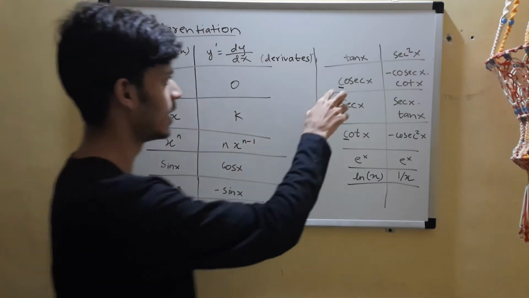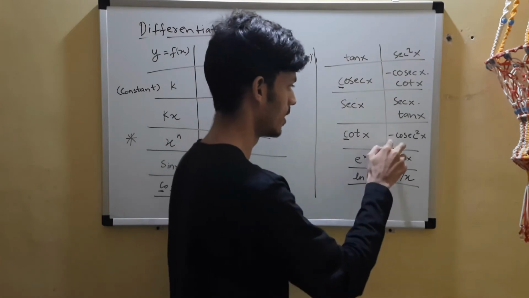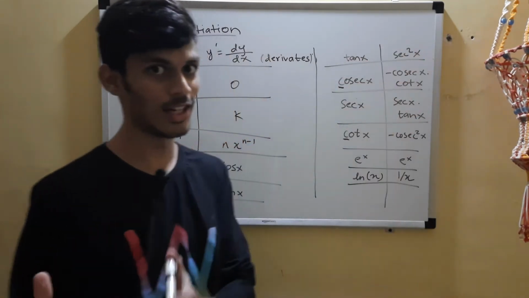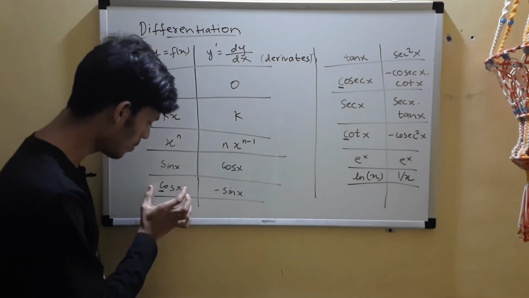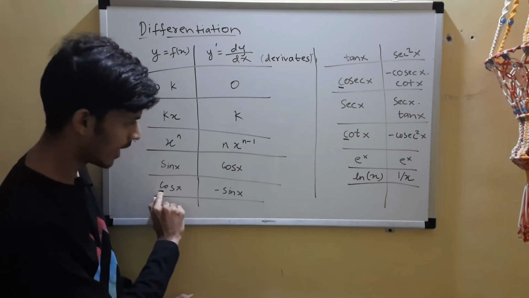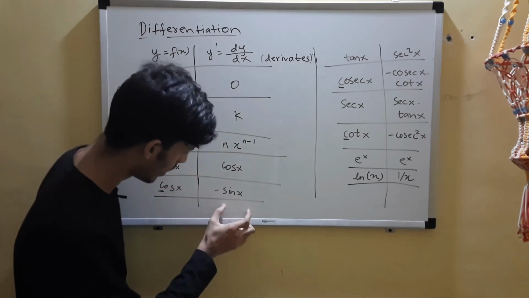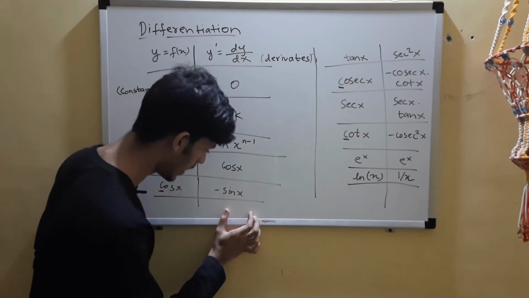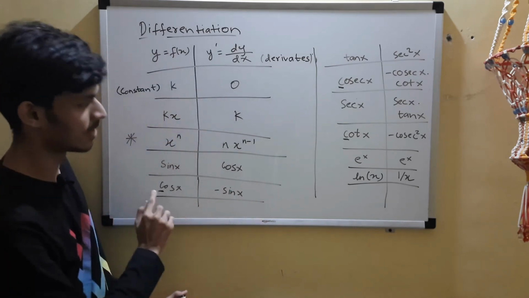So wherever there is C, there is a minus sign. Other ratios don't have a minus sign in differentiation. So cos x has a C, so the differentiation of cos x will be sin x with a minus sign since it's a C.